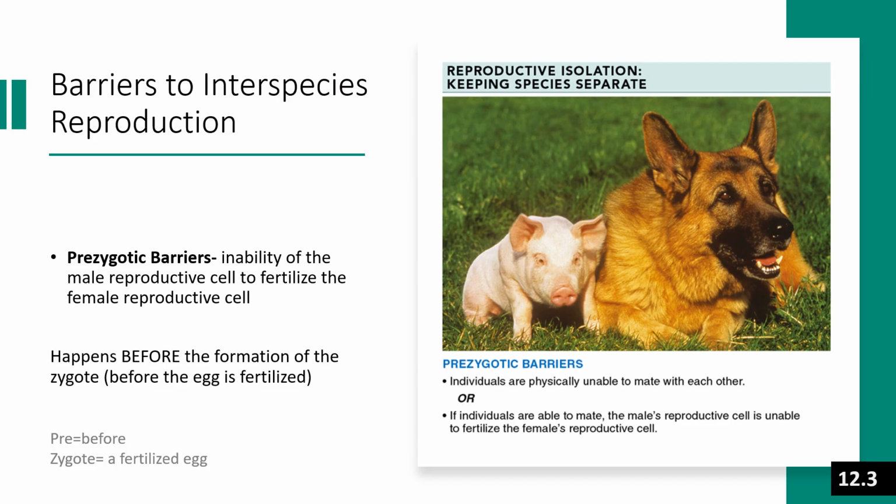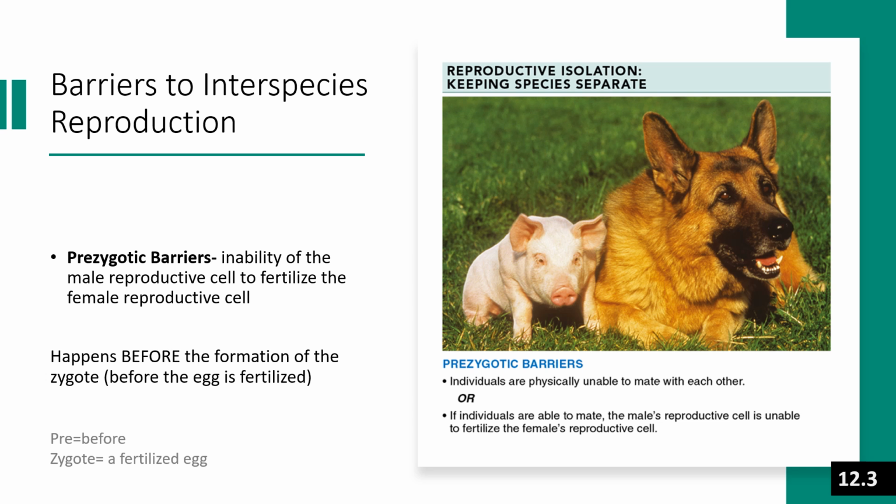So what determines if two organisms can interbreed? There are two types of barriers that prevent organisms from different species from interbreeding. A prezygotic barrier is something that happens before the creation of a zygote or an embryo.